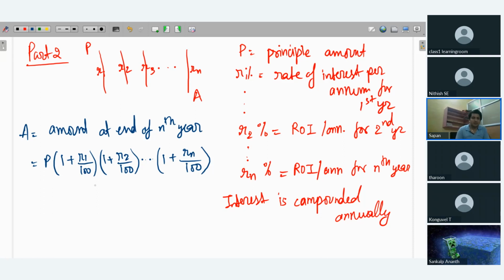This is also, if you know the hard way, the amount at the end of the nth year is utilized as principal for the n plus 1th year.